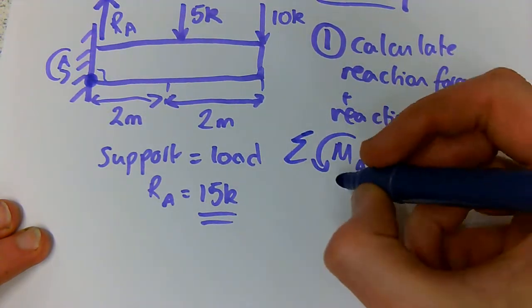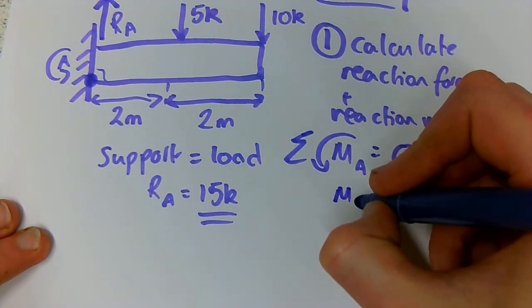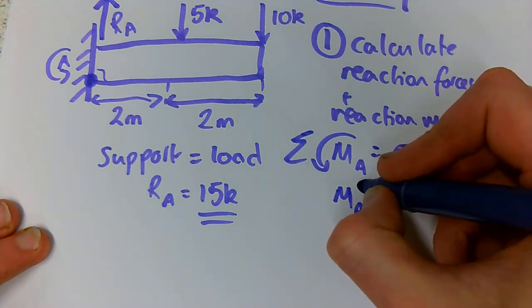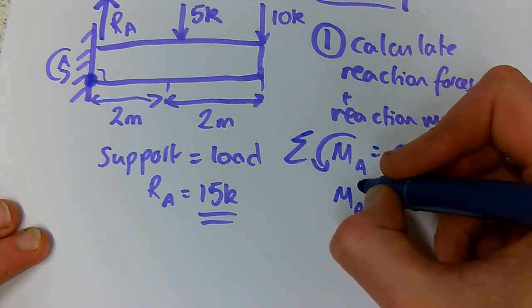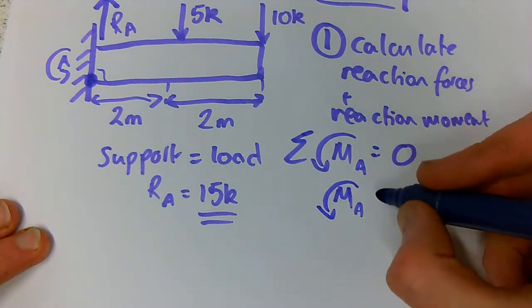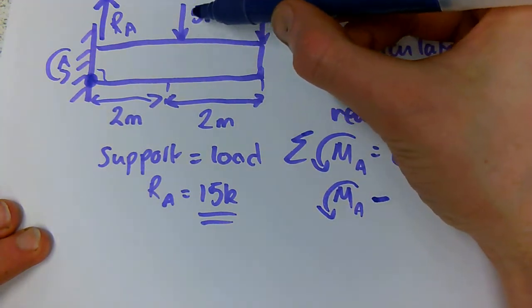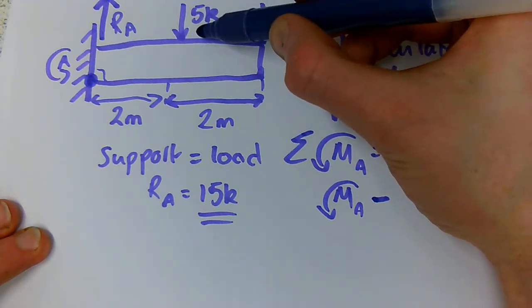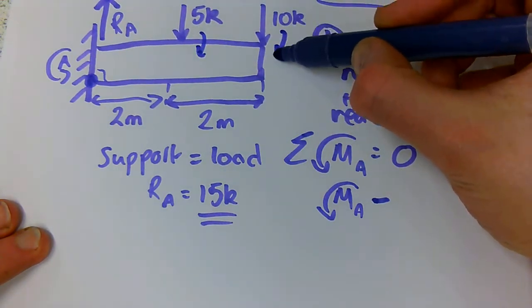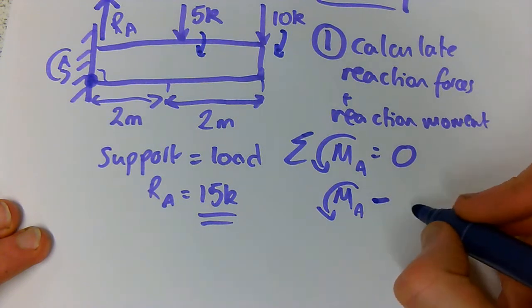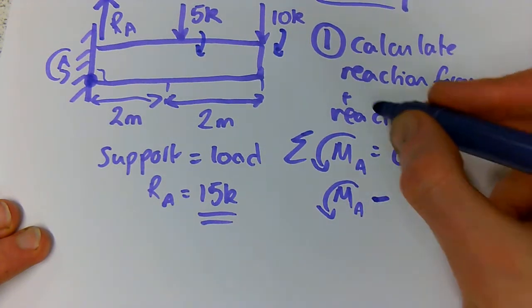So we've got our reaction moment, let's call that MA, and let's assume that it is going to be counterclockwise. Now this 5k will make it rotate clockwise, as will this 10k, so that is why there's a minus sign here, because it's going the opposite way.